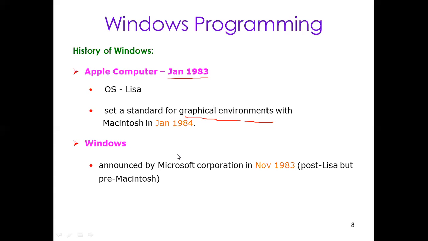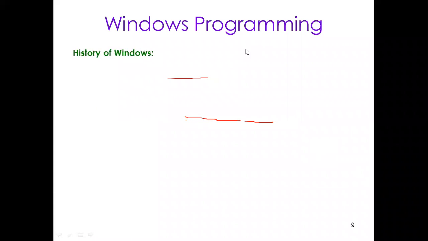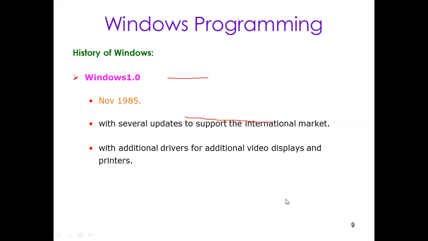Now, in 1983 Microsoft Corporation announced its first version of Windows, called Windows 1.0.